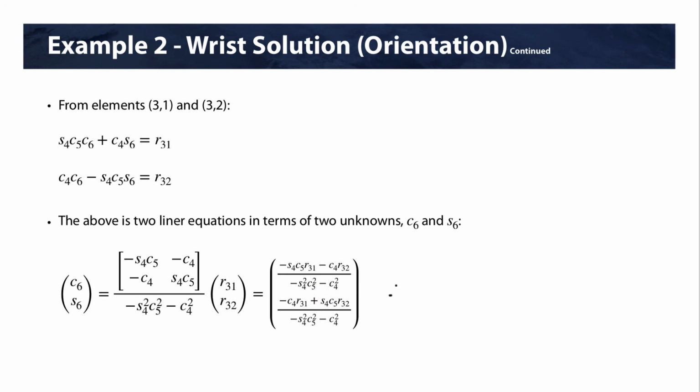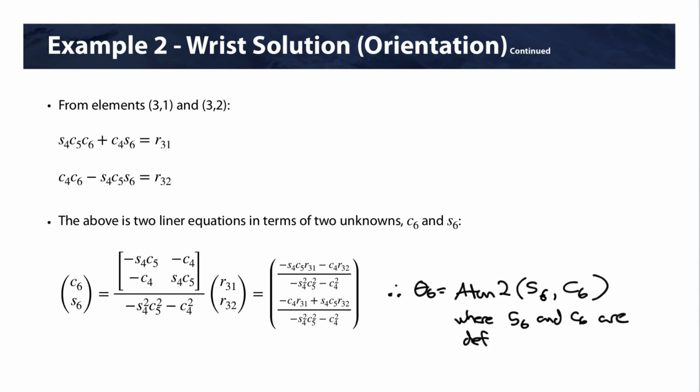Therefore, theta 6 is simply the atan2 of S6, C6, where S6 and C6 are defined to the left. So we would use this solution in the case where S5 is equal to 0. We'd specify theta 4, and we can use these equations to solve for theta 6. So it's just that special case.